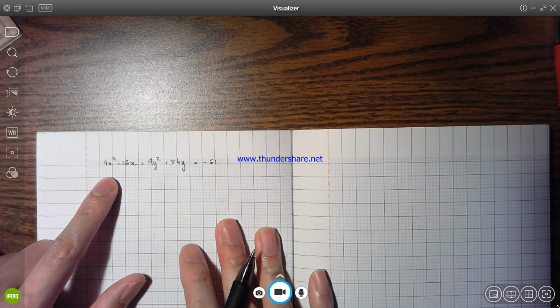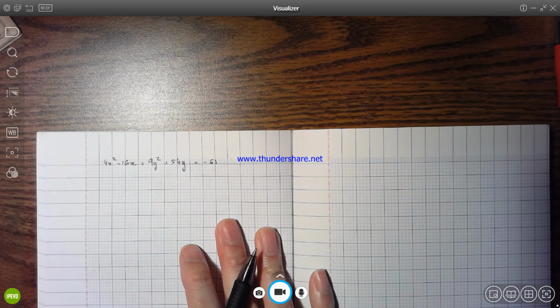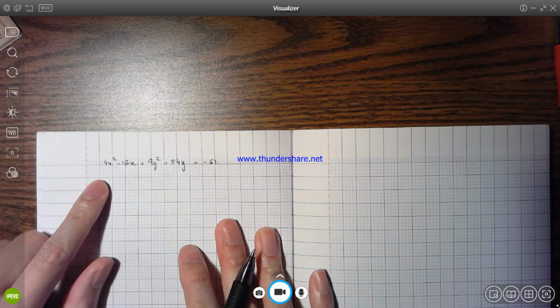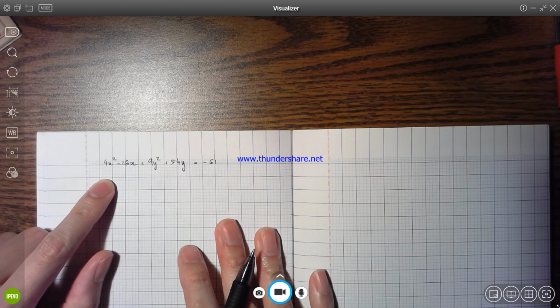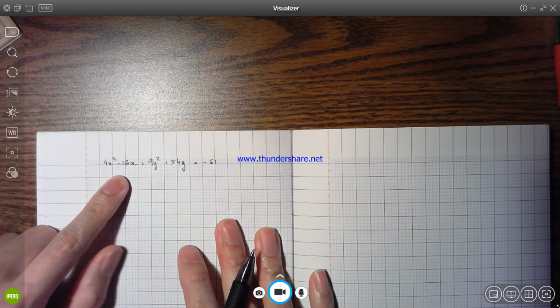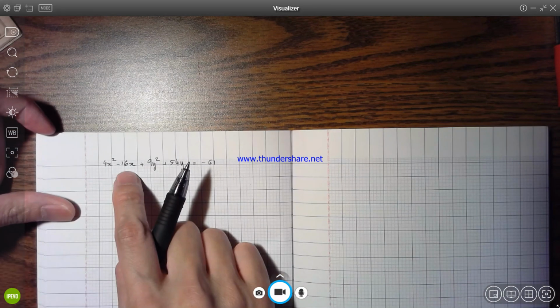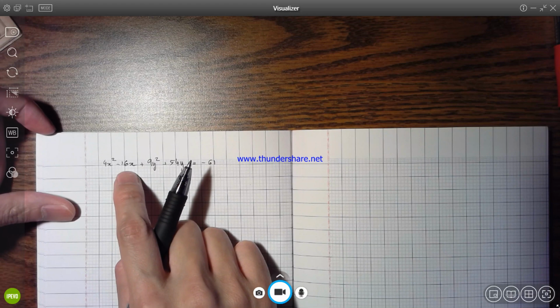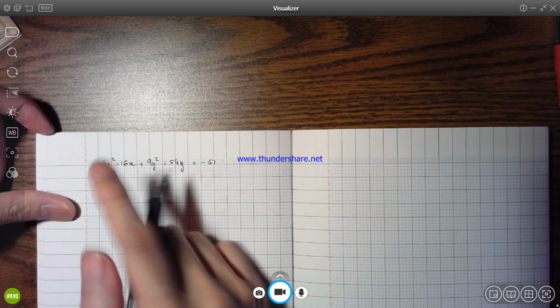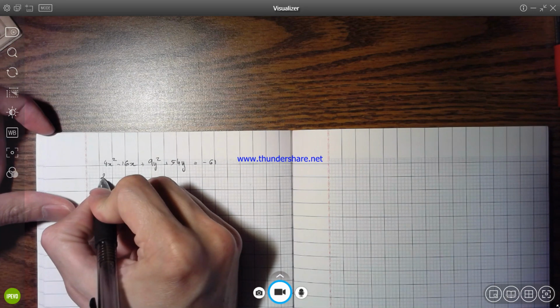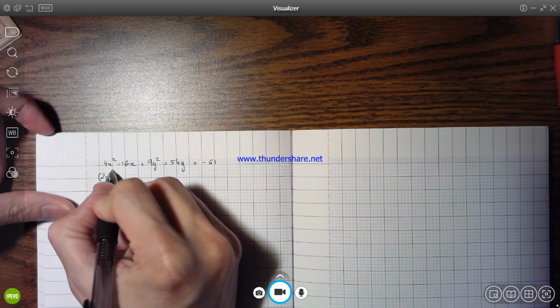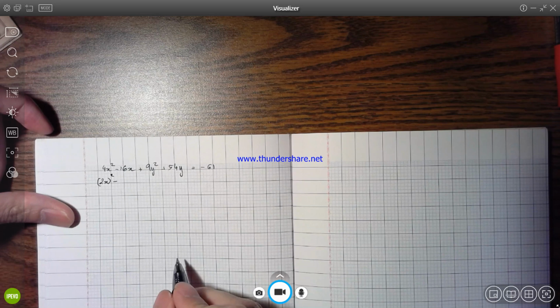So how am I going to complete the square here? 4x squared, I can write as (2x) squared, right?